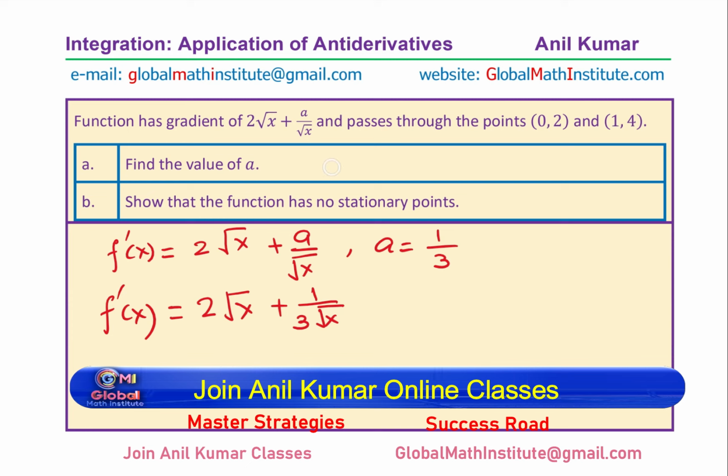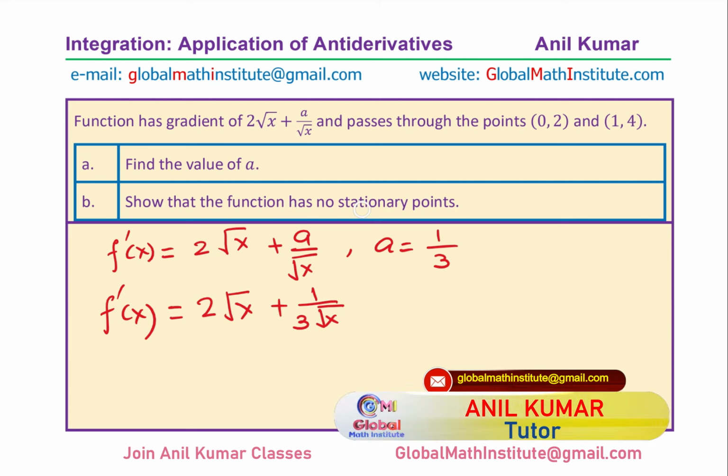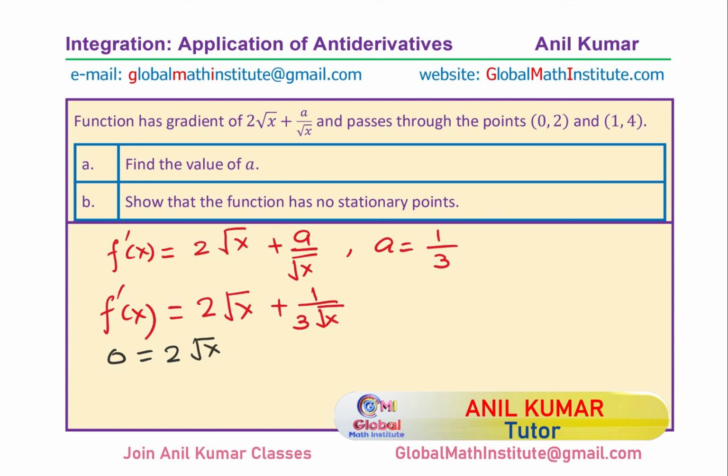Now, we need to show the function has no stationary points. Now, for a stationary point, the derivative should be 0. So let's equate the derivative to 0 and solve for x, which is 2 square root x plus 1 over 3 square root x.